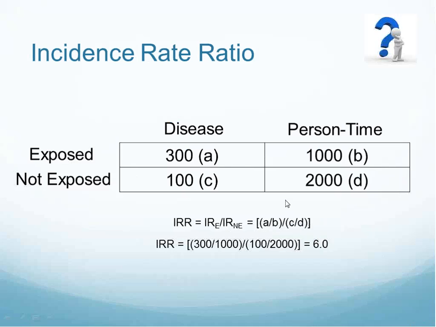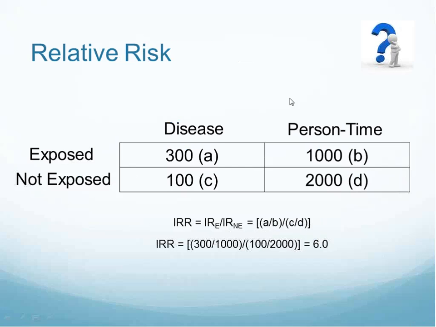This is an example of an incident rate ratio. Just notice the 2x2 table changed slightly from no disease as your other column to person time. That changes the calculation and the interpretation slightly. Looking at incidence rather than prevalence.